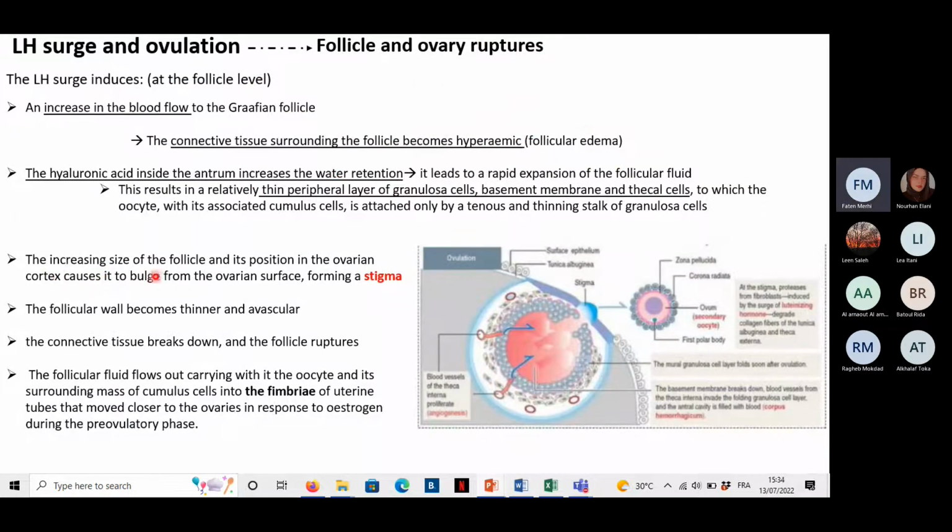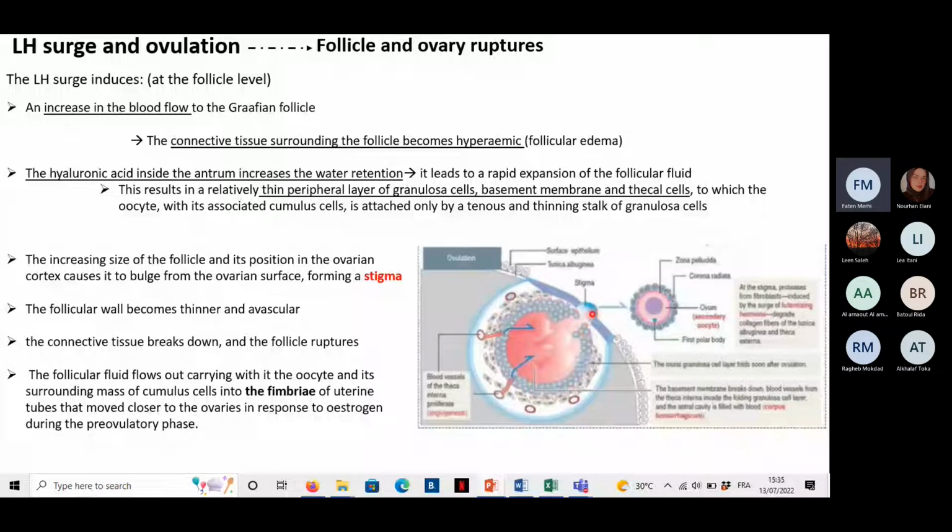Now, the increasing size of the follicle and its position in the ovarian cortex: as you know, we have said that all the follicles are situated in the cortical region of the ovary. So if this is the ovary, the follicles are adjacent to the periphery of the ovary in the cortical region. Once this follicle increases in size, this pre-ovulatory follicle has an important size now.